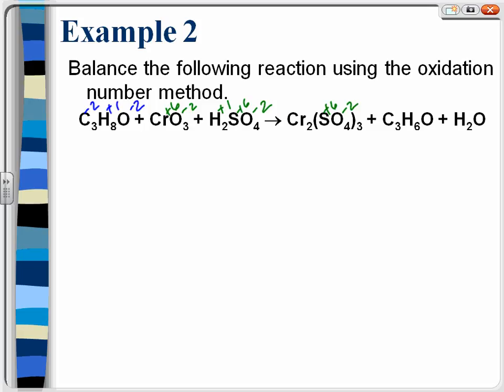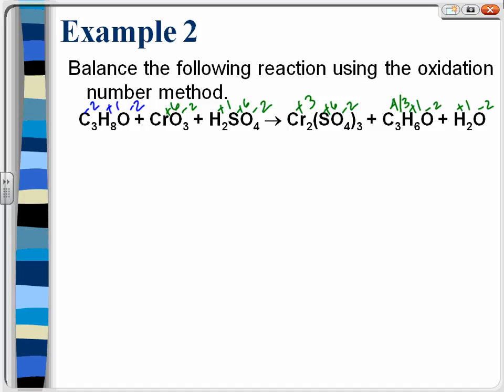And in this case, this is going to be +3. For the C3H6O, it's going to be -4/3, and -2 and +1. So there we go, there are my oxidation numbers.